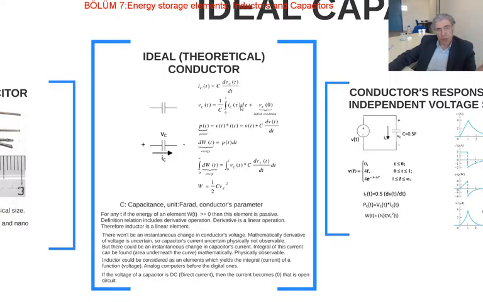Another way of looking at this definition relation is easy. You can say that this element could be used for finding the derivative of a function. Whichever function's derivative you are looking for, apply it as a voltage source to a capacitor and measure the current. That current would be the derivative of the voltage. By definition you can easily say that.